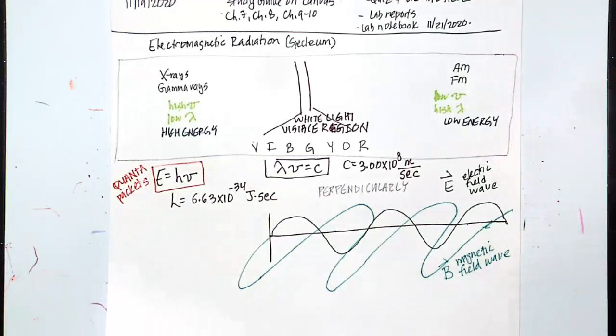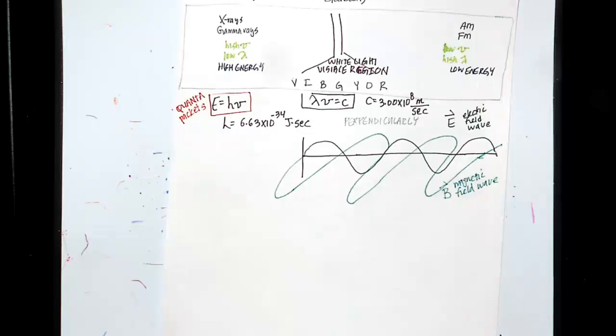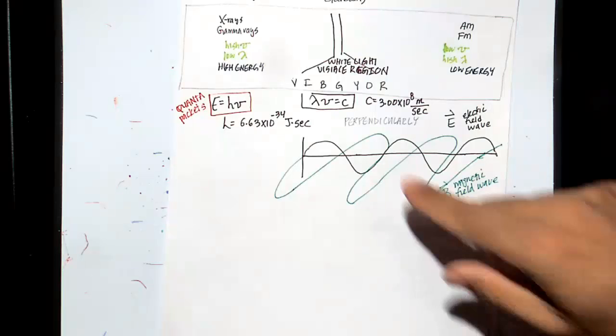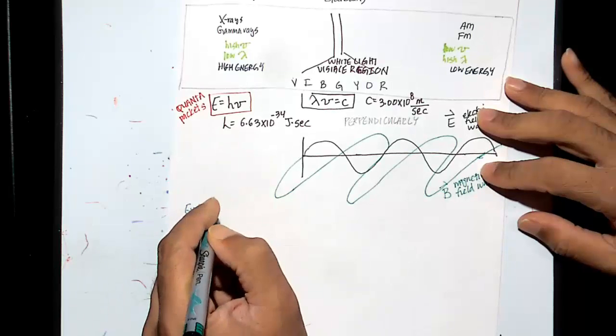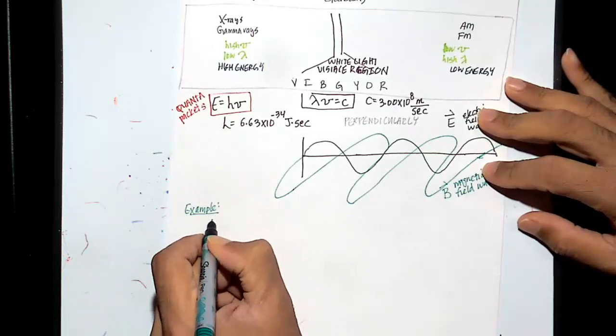But as an example, let's say you have red light. You're driving to work or school, and then you come across a traffic light. You see a red light, and that red light has, let's just say, I'll throw a number out, a wavelength of 700 nanometers.